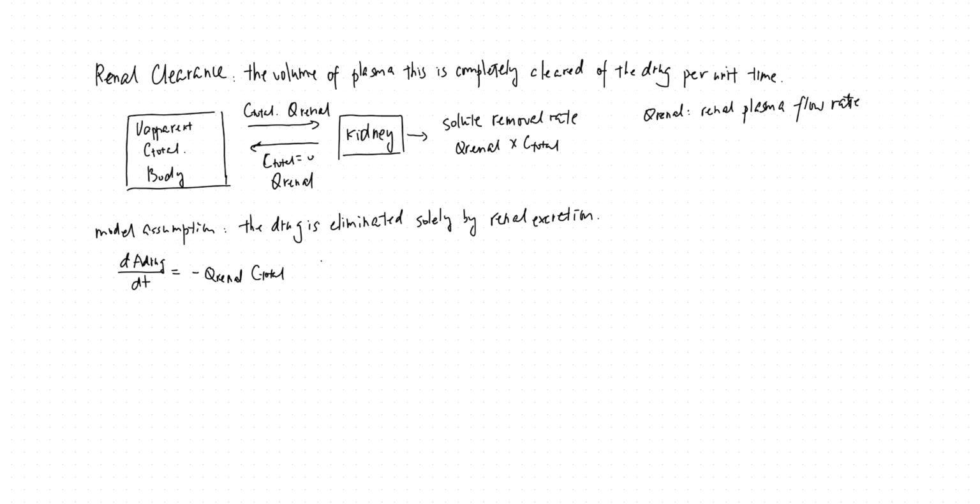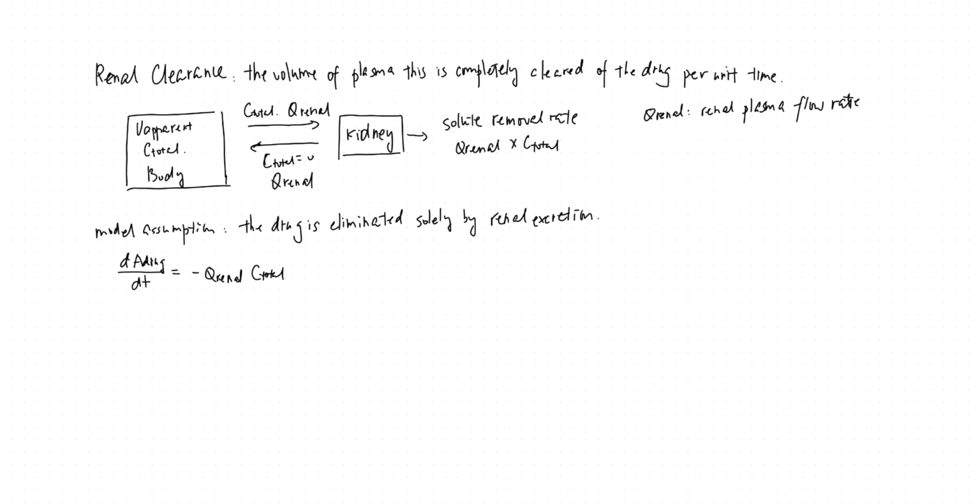For generation and consumption, because this model assumes the drug is eliminated solely by renal excretion, there are no other consumption mechanisms. This would be different if you considered metabolism or other ways of removal, where you may have other terms. But right now for this model, there's nothing else. It's just the kidney itself doing the job.